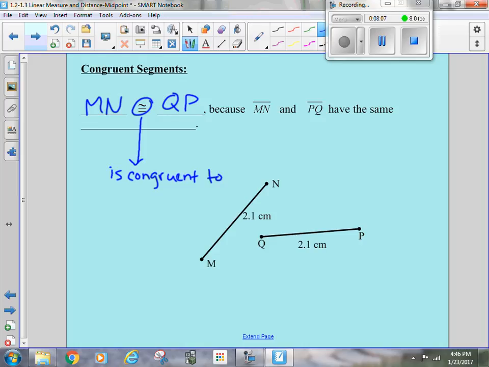The little squiggly with the equal sign underneath is congruent to. And it's because segment MN and segment QP have the same measure. The measure of segment MN is 2.1 centimeters and the measure of segment QP is 2.1 centimeters.